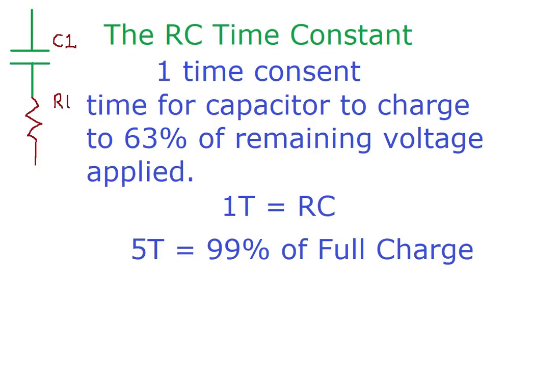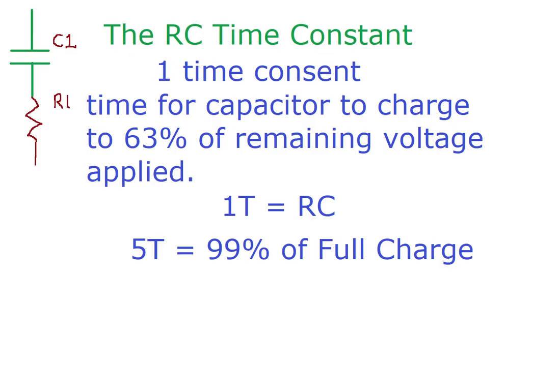What that equates to is that for every time constant, the capacitor will charge to 63% of the remaining voltage applied, such that if we have 10 volts applied, and let's just say for some crazy reason we have a 5-second time constant. What that means is that in the first 5 seconds it will rise to 6.33 volts.